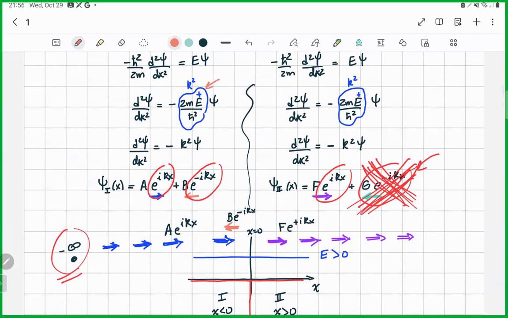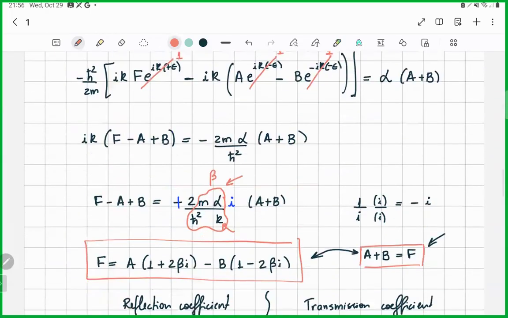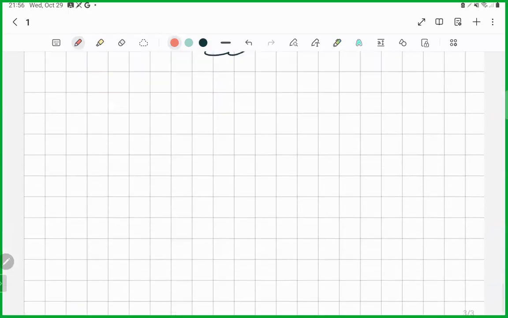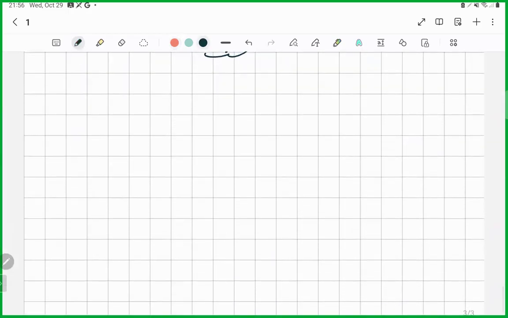I let you put all these things together because this is just algebra. You just have to be careful. If you put all this together, you will finally be able to write the reflection coefficient and the transmission coefficient in terms of energy. So let's just put the solution here. I hope you will do it.